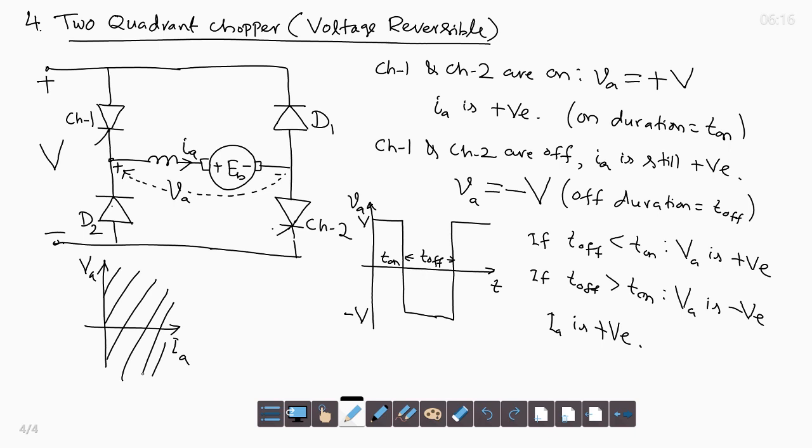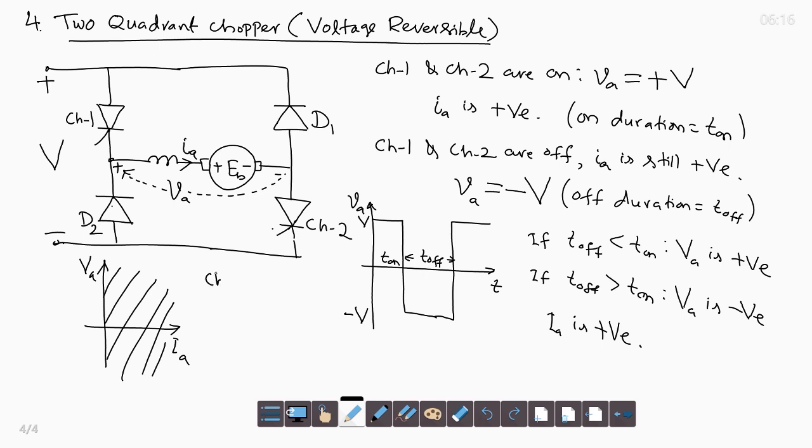This is one operation when chopper 1 and chopper 2 are on simultaneously and off simultaneously, but there is another mode of operation, where chopper 1 and chopper 2 are on for a certain duration, then chopper 2 is switched off. In that case, current flows through CH1 and D1. So, you have VA equal to 0.